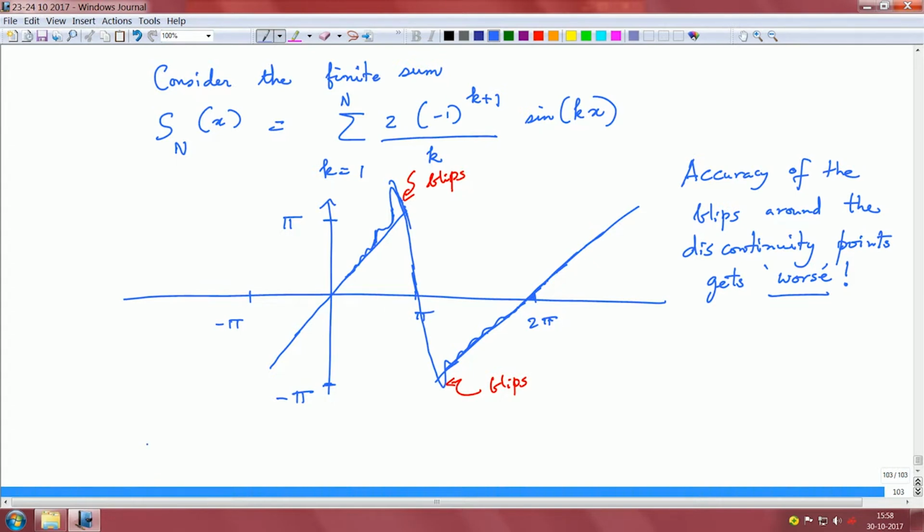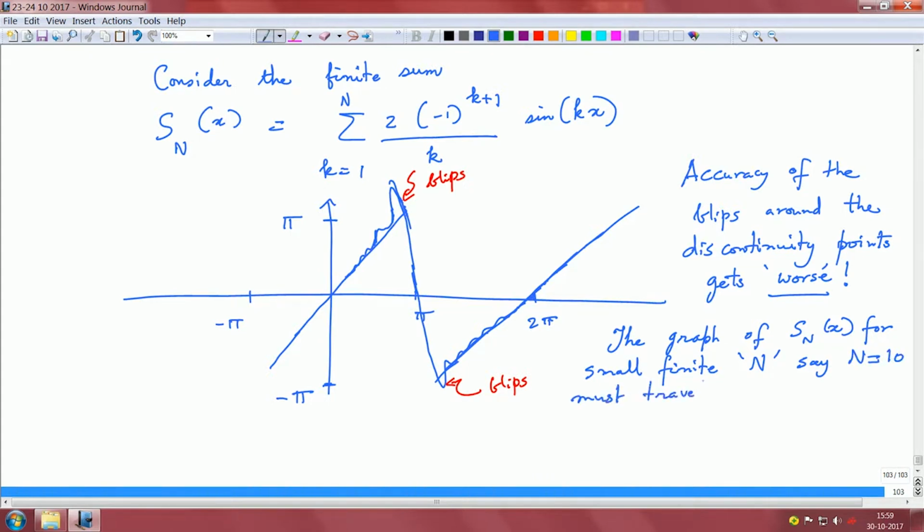So, what it means, the graph of Sn of x for small finite n, capital N, say n equals, I just take 10 terms, right, must travel from pi to minus pi in a very short interval.